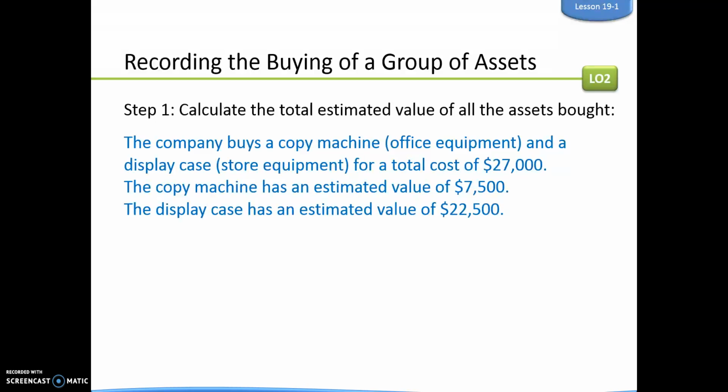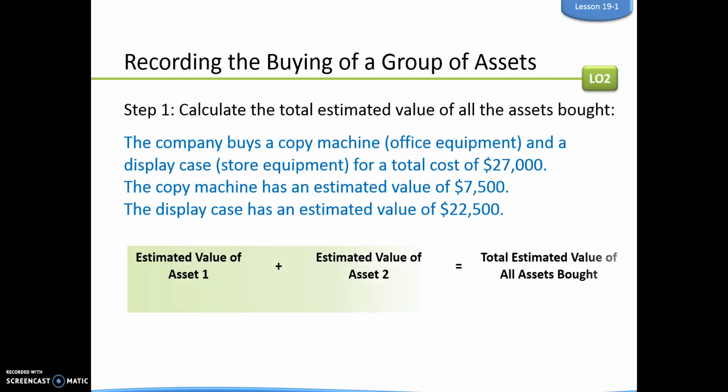So when we look at this, if for example our company buys a copy machine and a display case for a total cost of $27,000, the copy machine has an estimated value of $7,500 and the display case has an estimated value of $22,500. So we take the estimated value of asset 1 and the estimated value of asset 2, and we get our total estimated value of all of our assets bought together.